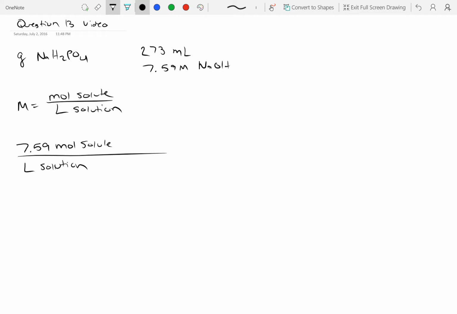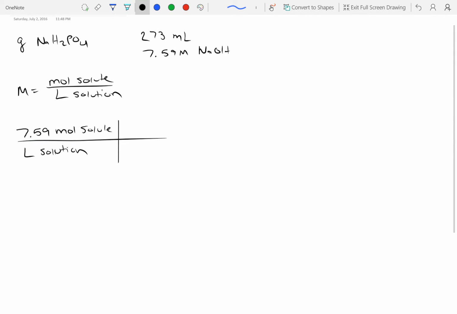Okay, so in order to go from our moles of NaOH to moles of NaH2PO4 and then eventually to grams of NaH2PO4, I need to get moles of NaOH in the first place. That means I need to get rid of this liters down here.